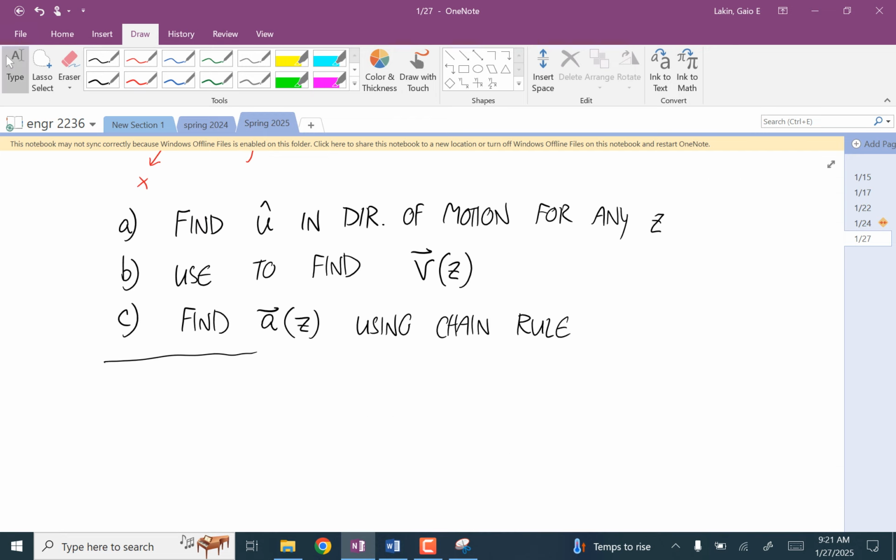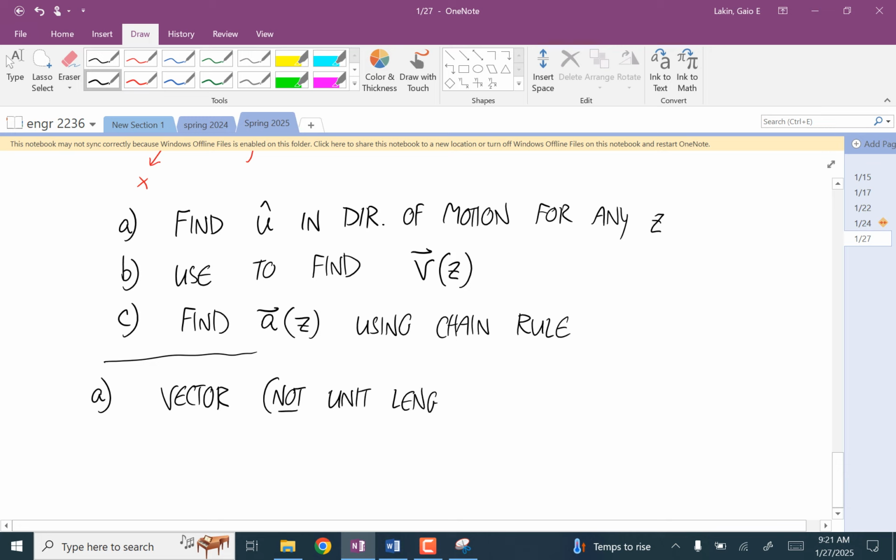So the first thing I'm going to do is find this vector that's not unit length yet. And I'm just going to call it u. And that's tangent to the path in the direction of increasing parameter.